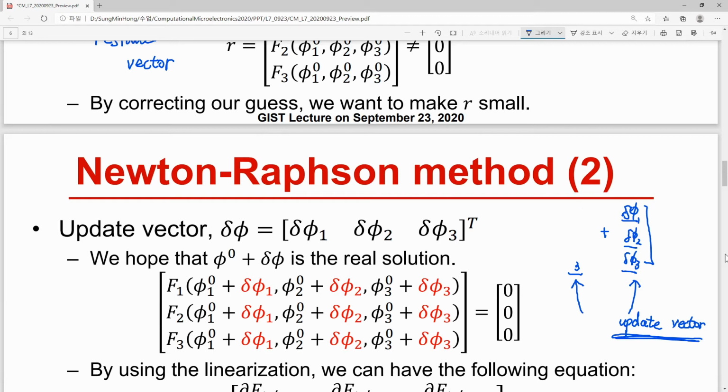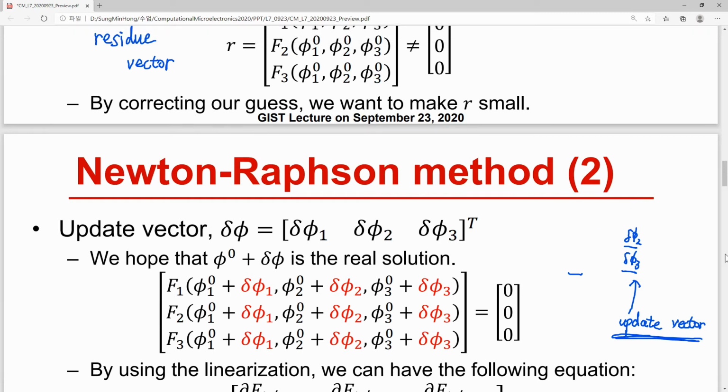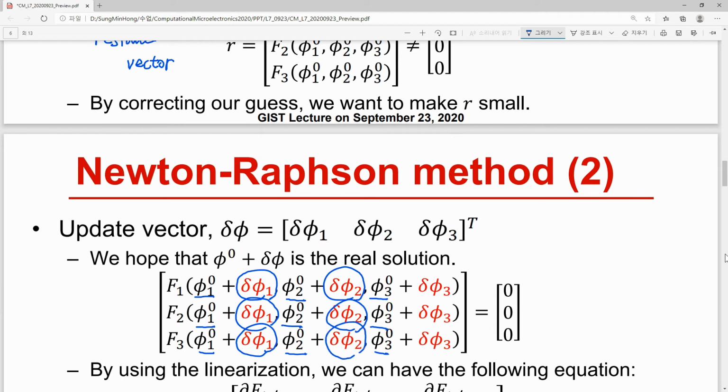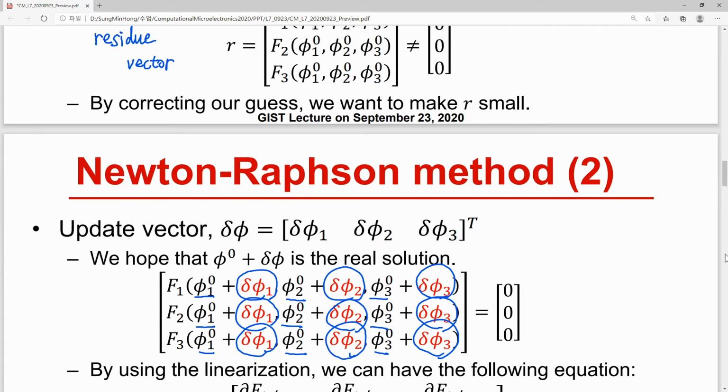Let's just do it together. Here, instead of phi, the initial guess, we introduce correction. These corrections are added, and right now we have no idea of their values. Actually, we wanted to calculate their values.